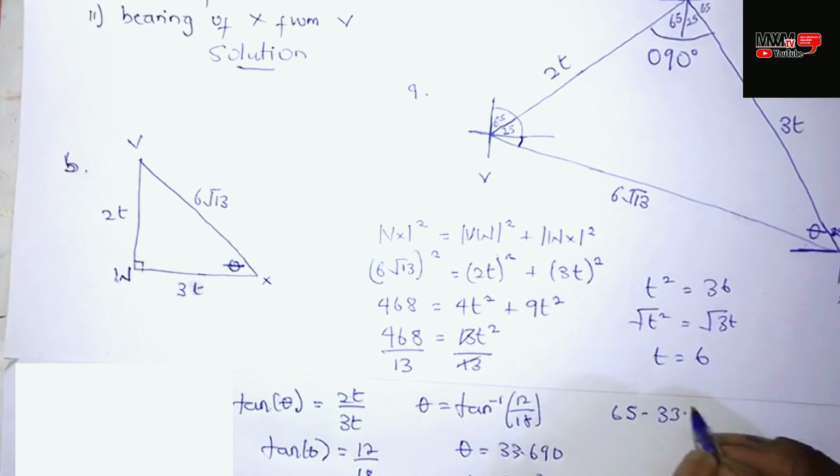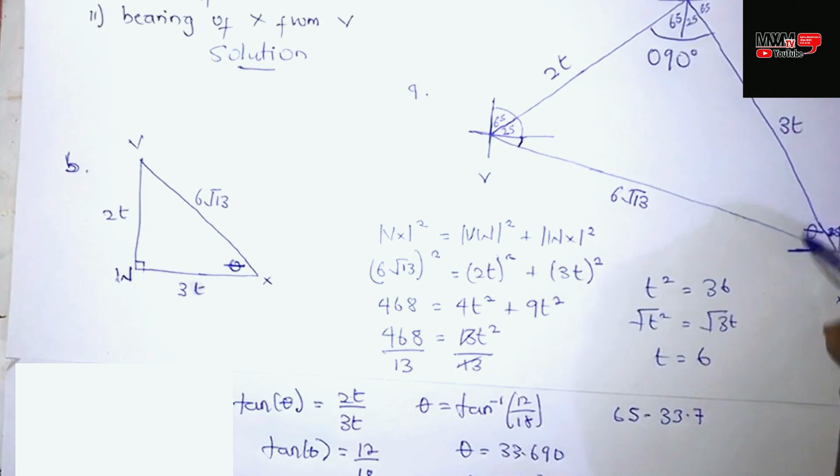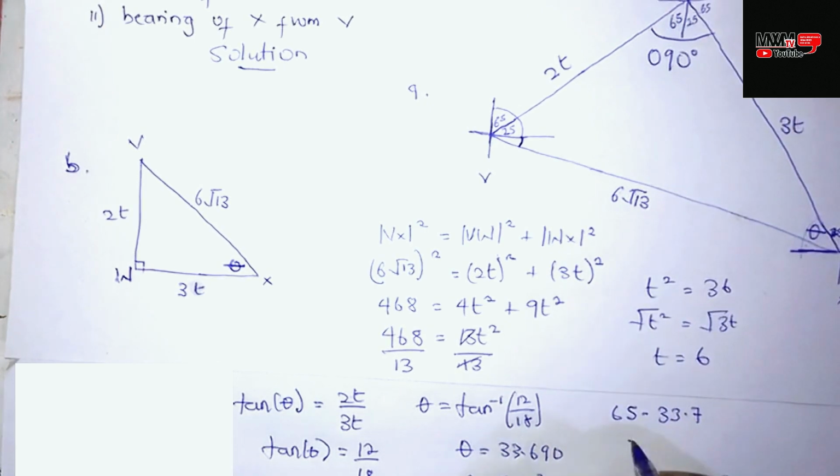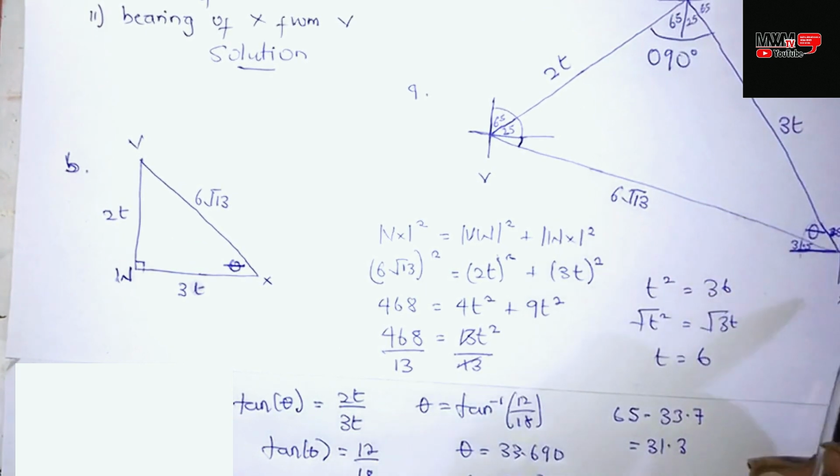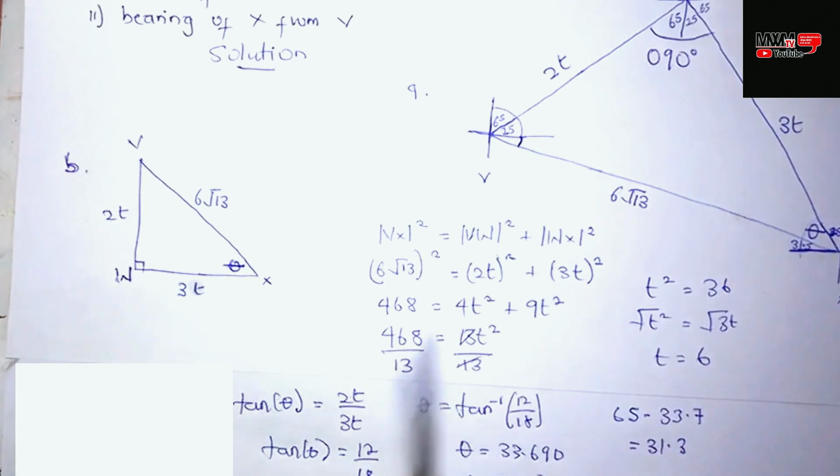So what you are going to do next is to subtract 33.7 from 65, because everything here is 65 and that's going to give us 31.3. So this small angle here is 31.3, and that angle alternates to the angle here.